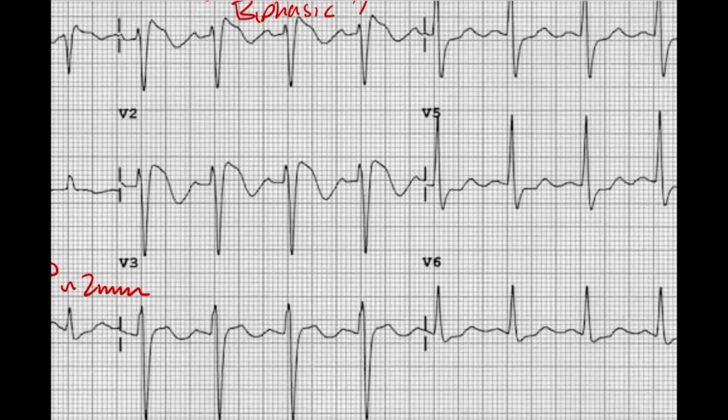Lead 2, positive P, we have an R wave, dominant S wave, we go back up quite a bit, and now we have 3 millimeters of ST elevation. So we now have pathologic ST elevation in greater than 2 contiguous leads.